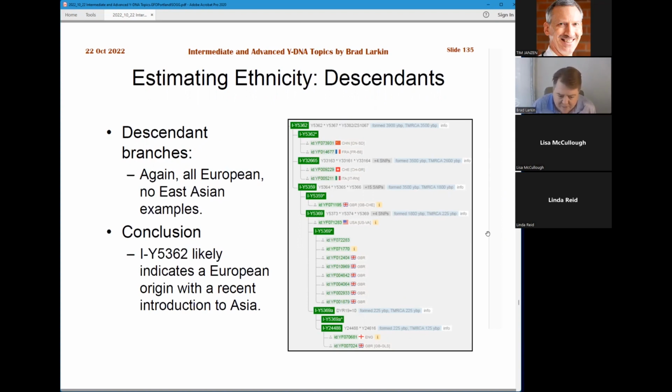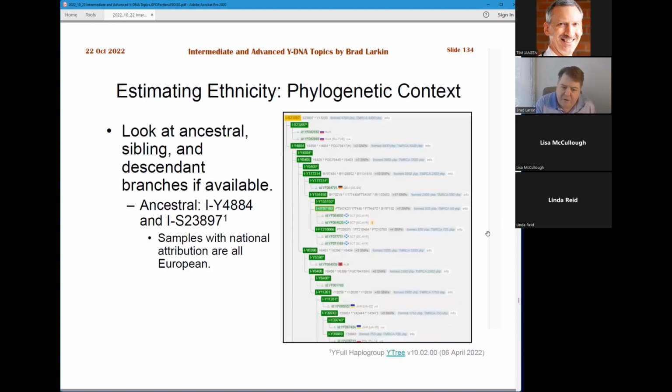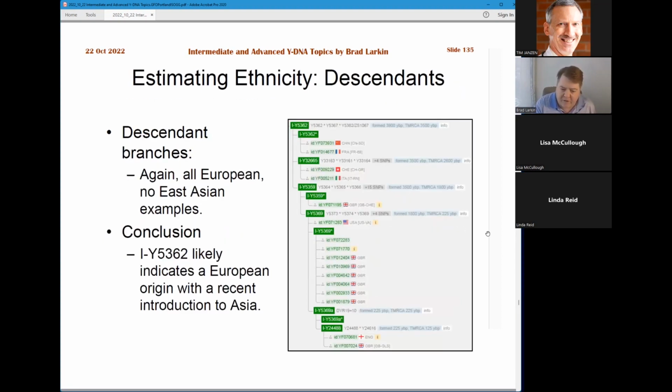It's likely that the Y5362 is of European origin and somebody had a recent introduction into Asia that tested that sample. Now that we're doing all that, of course, without interviewing the person, taking their history, doing traditional genealogy, that would all inform that. But looking at the ancestral and sibling branches and the descendants, if there's a lot of them, that gives us some idea of what is the likely ethnicity. European, not Chinese in this case.